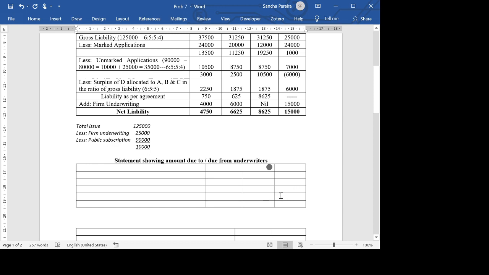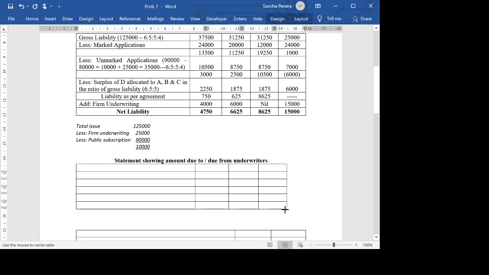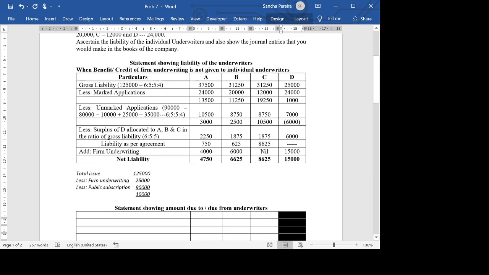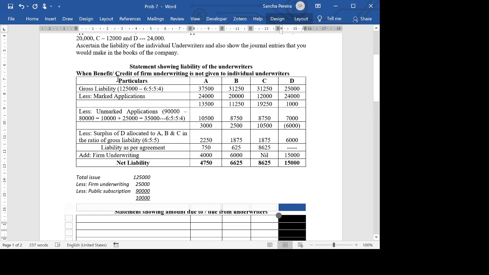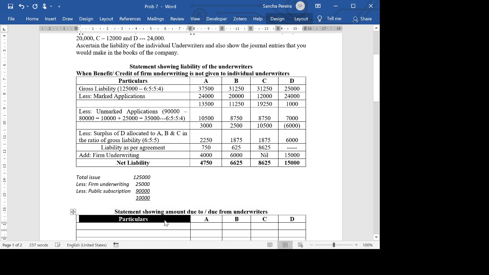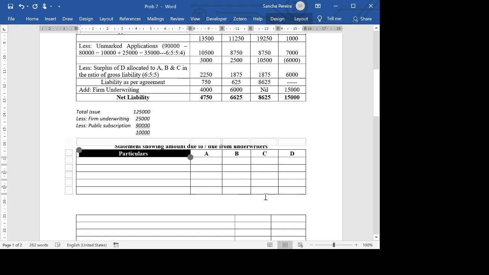So again, we will have to add a column here. So we have the same thing. Particulars A, B, C, and D.